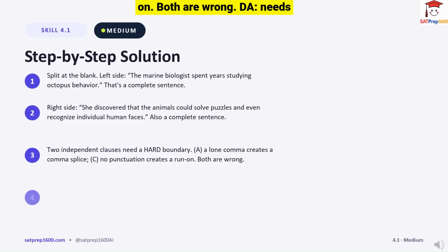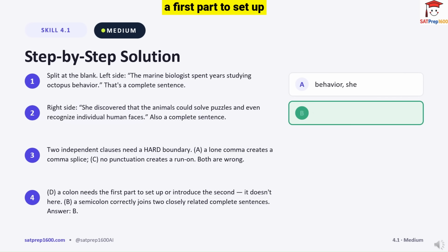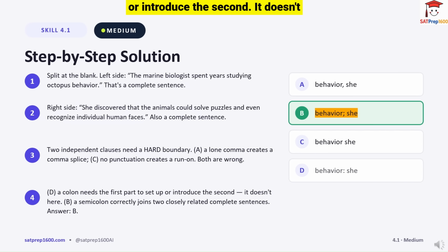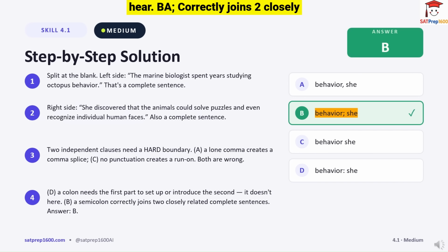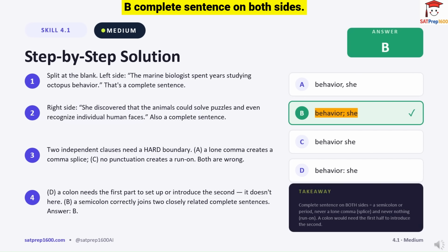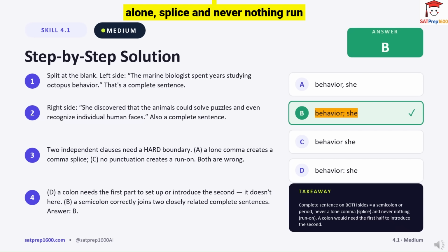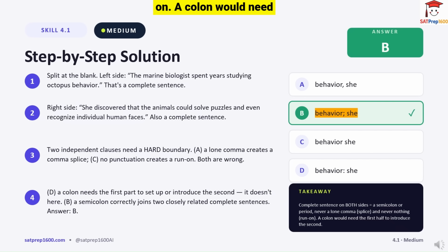Both are wrong. D. A colon needs the first part to set up or introduce the second. It doesn't here. B. A semicolon correctly joins 2 closely related complete sentences. The answer is B. Complete sentences on both sides equal a semicolon or period, never a lone comma splice, and never nothing, run-on. A colon would need the first half to introduce the second.